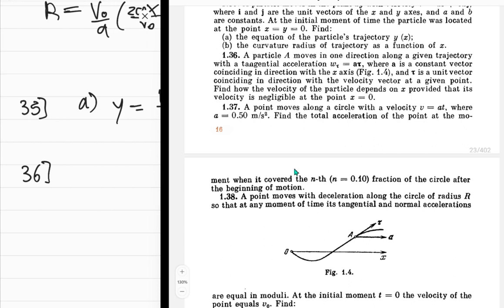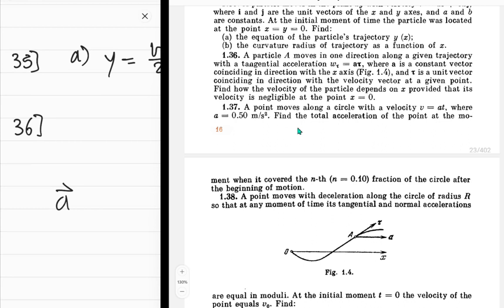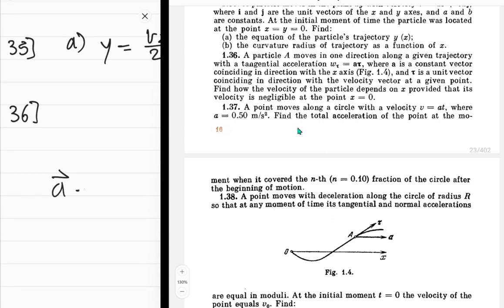Wait a second. Talk about the total acceleration first. The total acceleration, if you know that, how would you figure out what tangential acceleration is? It would just be the A vector, whatever that total acceleration is, dot V vector upon the magnitude, I mean, it should actually be V hat, right? So A vector dot V hat.